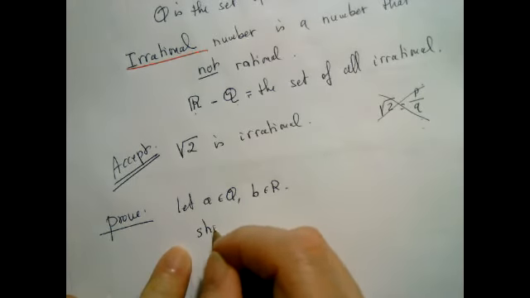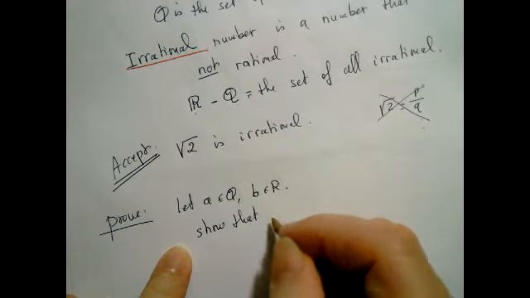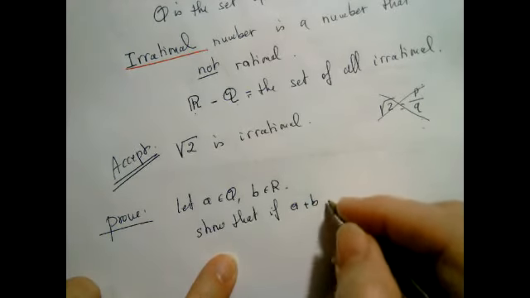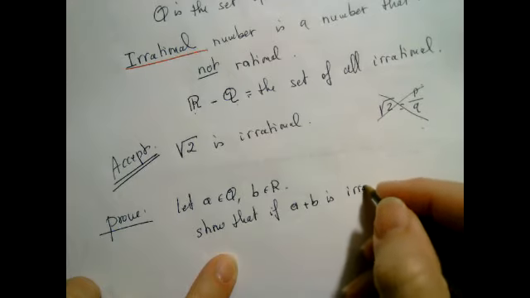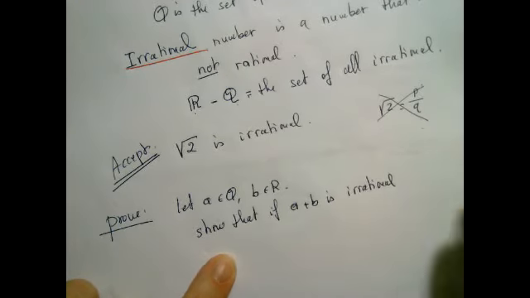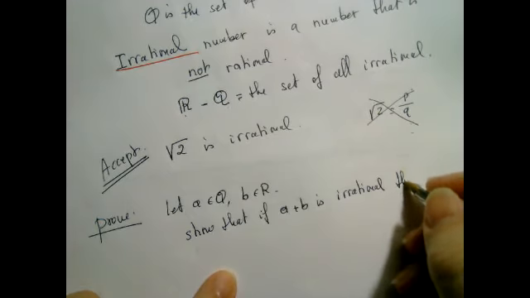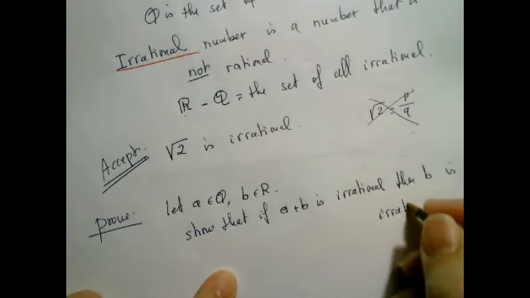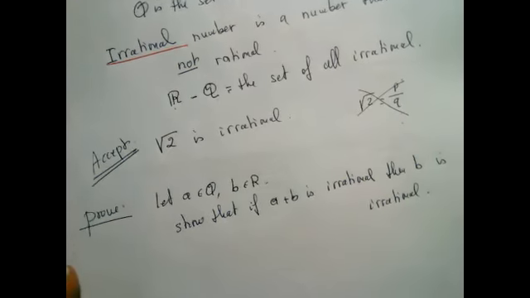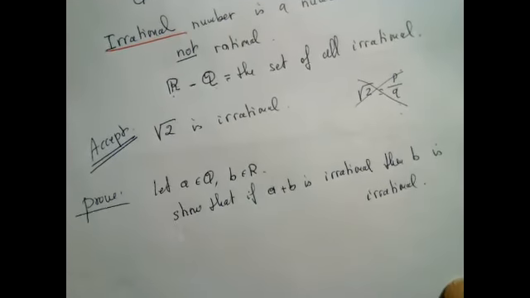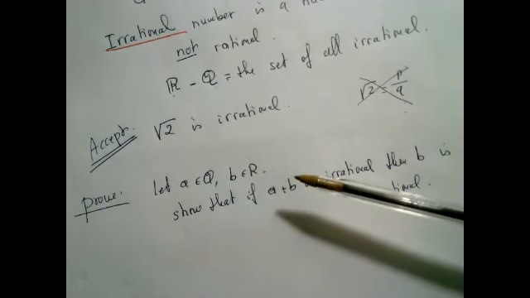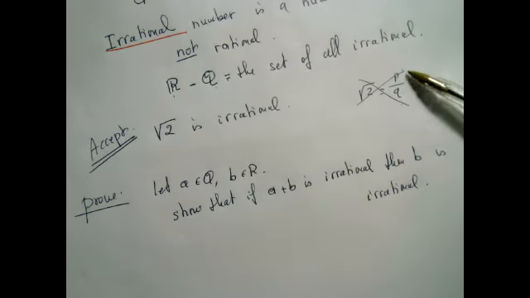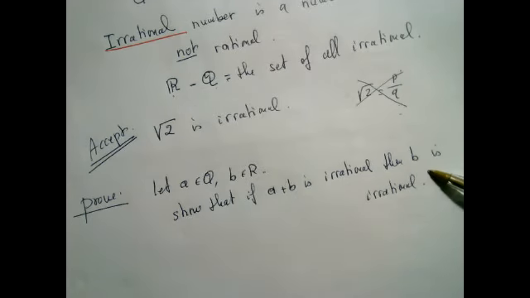Show that if a plus b is irrational, meaning not rational, then b is irrational. So we take the sum of two numbers, a and b. If a plus b is irrational, it means I cannot write a plus b as p over q, then I cannot write b as p over q.